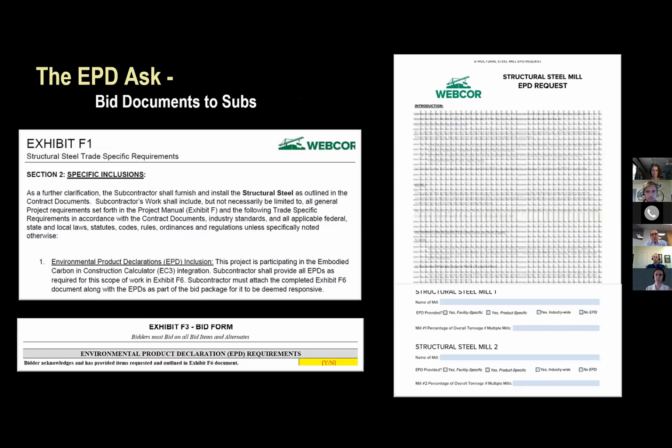You also need to change your bid documents and work with your general contractor to make sure that the ask in the specification makes its way into the bid, so that we're asking these hard questions. We're focusing on concrete right now, but it affects steel and other materials as well. Keep the ask simple, but keep it very targeted, and make the ask.